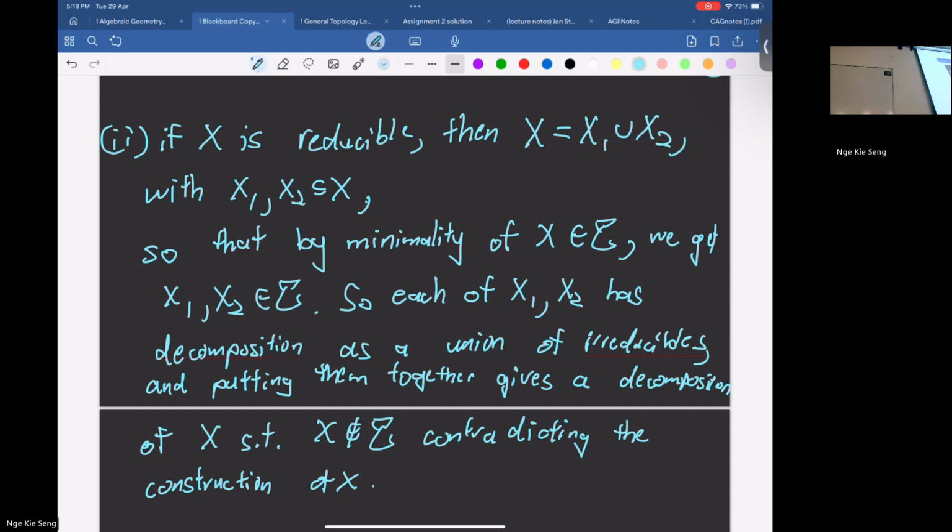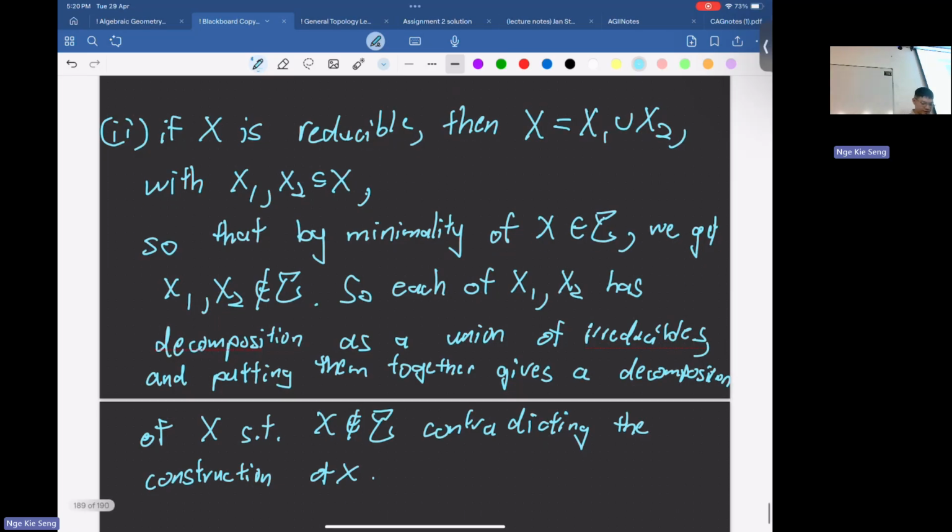Does it make sense? Just the Noetherian part uses some commutative algebra and the zero set property. Other than that, it's pure logic. So this gives the existence part.